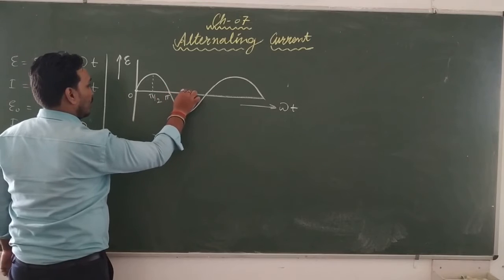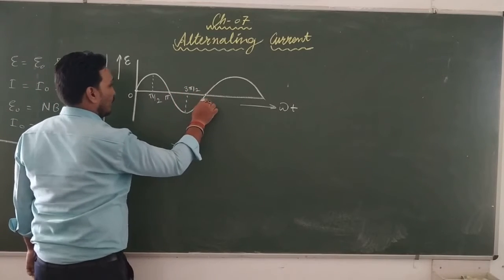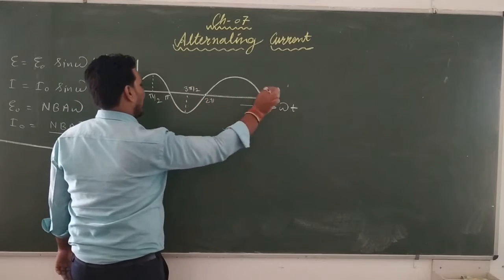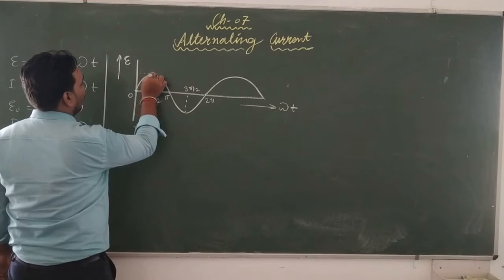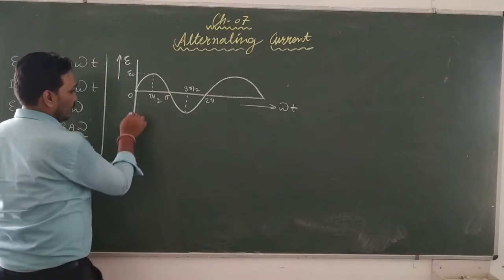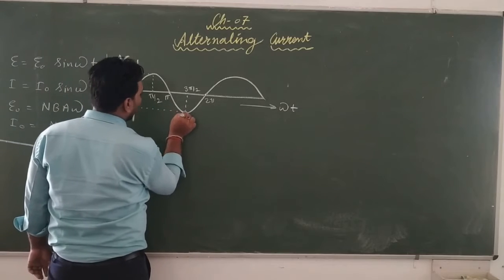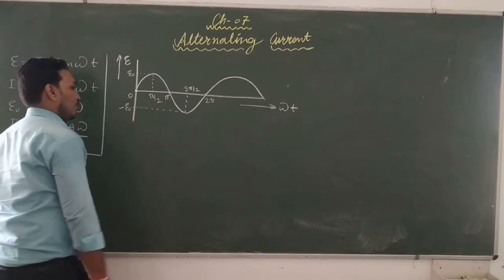Here we have pi. Here we have 3 pi by 2. Here we are going to have 2 pi. And similarly it goes on. This particular point corresponds to the maximum value of EMF, E naught, and here it is also the maximum value, but obviously in the opposite direction, so it is minus E naught.